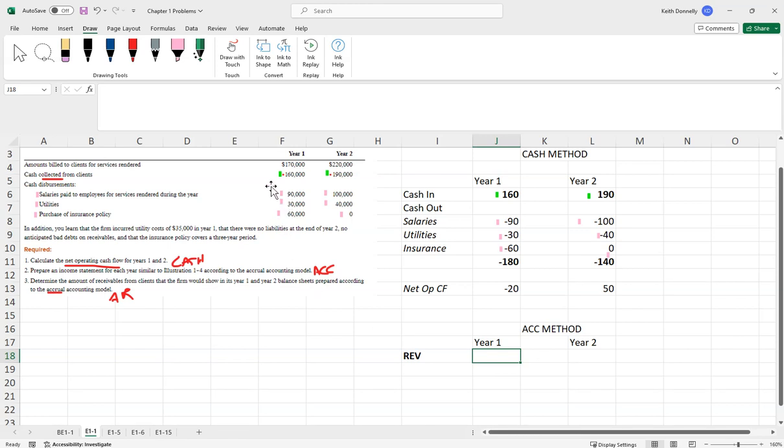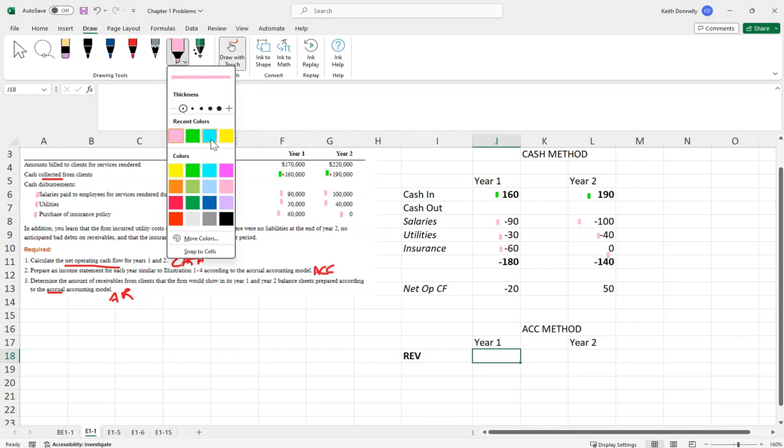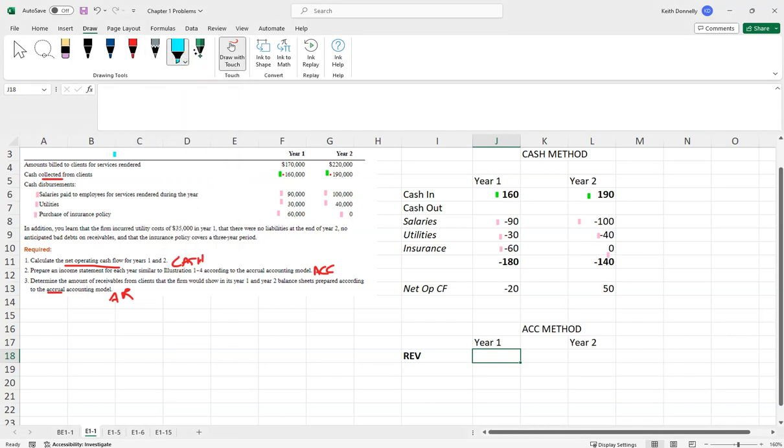We don't care necessarily what we collected. We're looking for when we earned it, which is when we perform the services. So we must have sold on account 170 and 220. Just to show you where that came from.